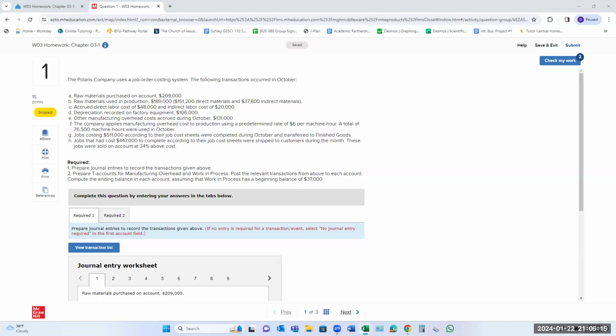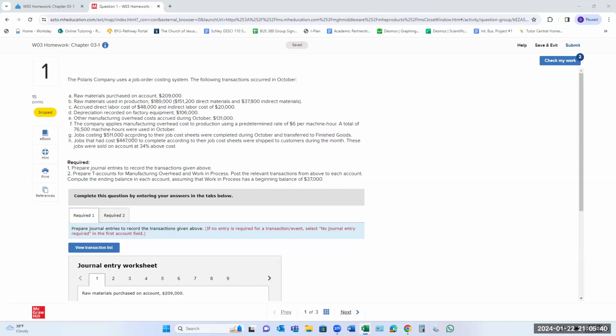I need to check. What letter was that? A total of 76,500 machine hours were used in October. I just had to make sure that I had this semester's number of $6. And apparently it was the same.